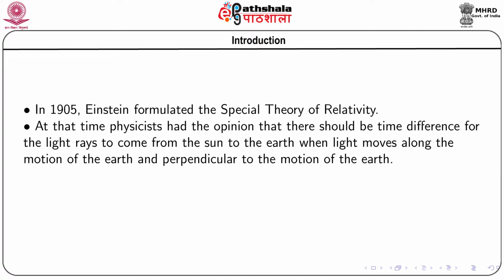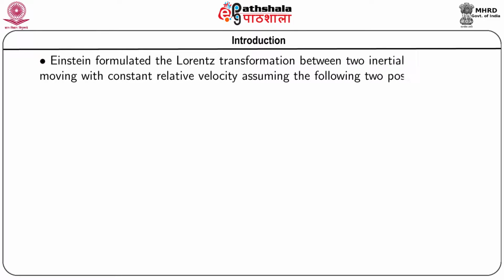Generally, we consider that if one thing is travelling from one place to another, it takes some time. So, physicists believed that the light rays coming from the sun to the earth should take some time, but actually this does not happen.